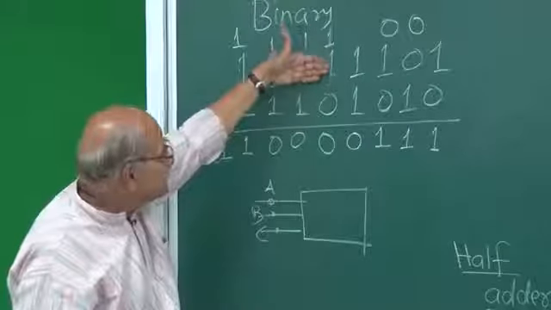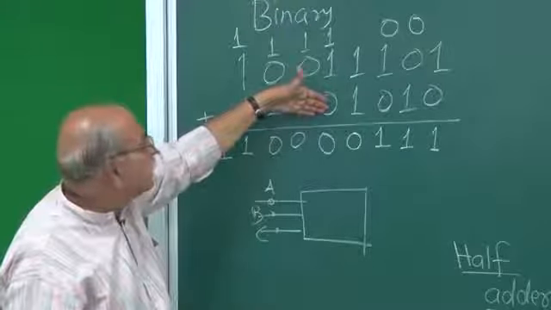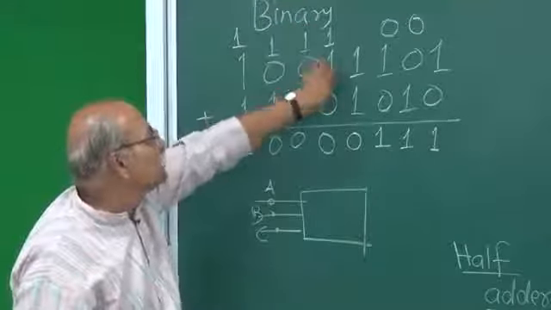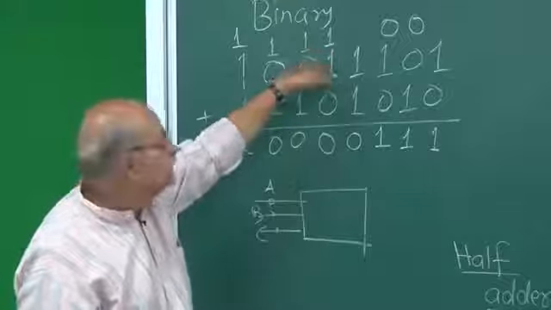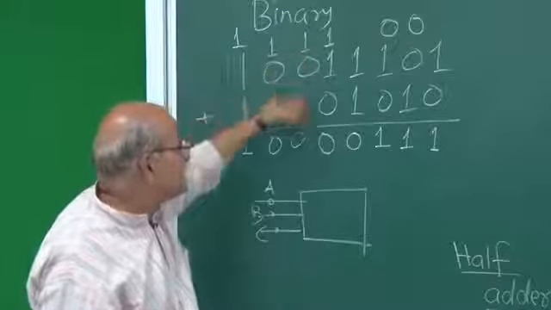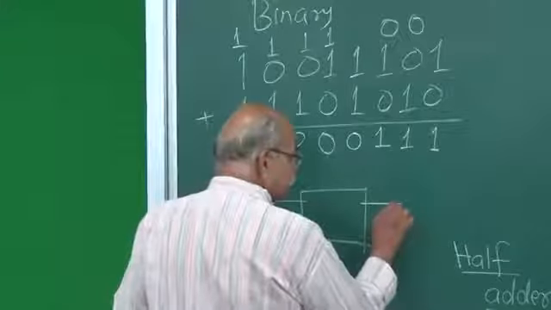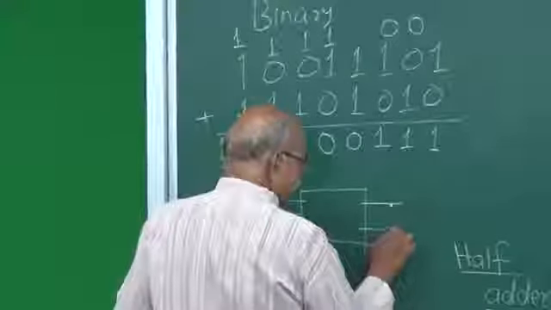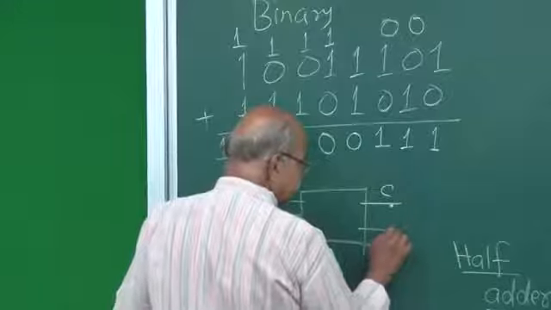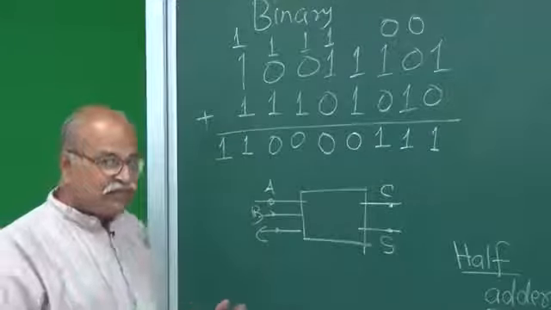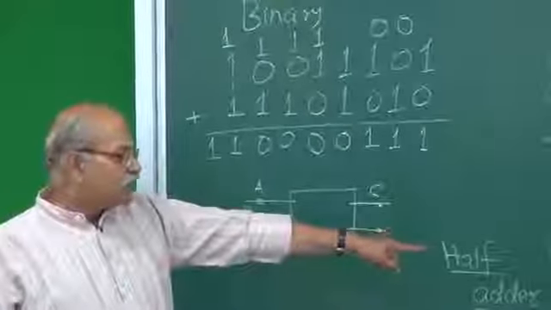So there are 3 inputs, and then I need the final sum and final carry. I don't want to remember in between what happened and carry in my mind also. So if I have this kind of circuit designed and I need the final carry and the final sum, you can make your truth table.